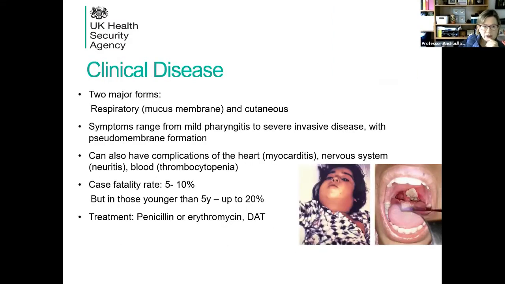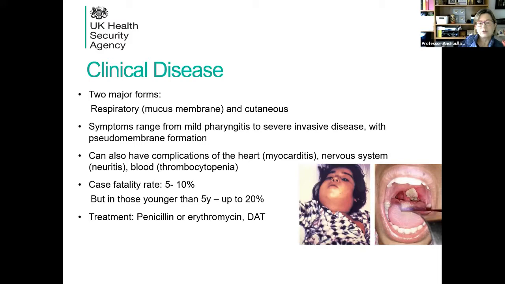There are two main types. As I said, respiratory disease is the most common, and cutaneous diphtheria. The symptoms of respiratory diphtheria can range from quite mild pharyngitis to very severe disease with the formation of the classic pseudomembrane. If untreated, it can lead to very severe complications of the heart, myocarditis, of the nervous system, and of the blood.